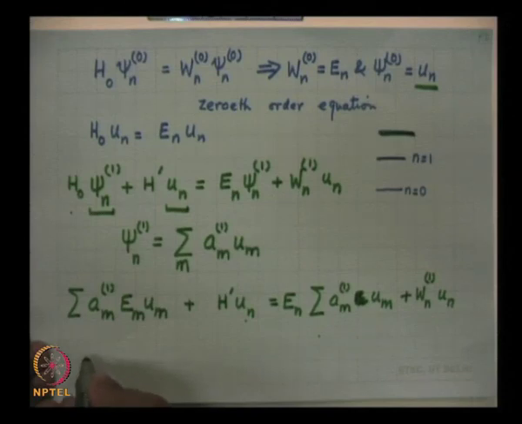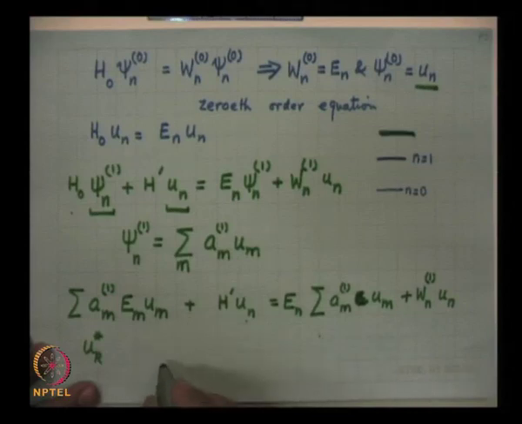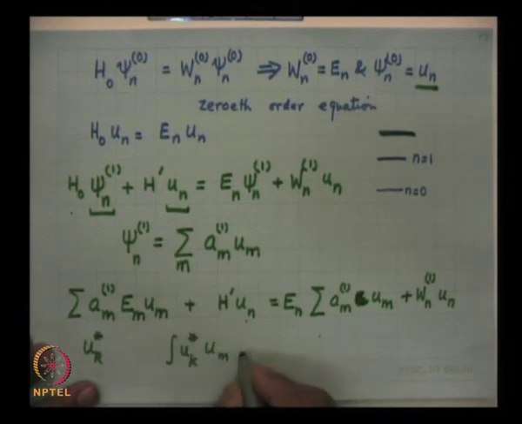Now, I multiply by u k star and integrate, and I know that these eigenfunctions form an orthonormal set, that is, the integral of u k star u m d tau is equal to the Kronecker delta function.